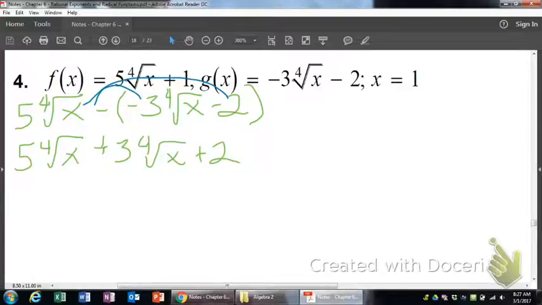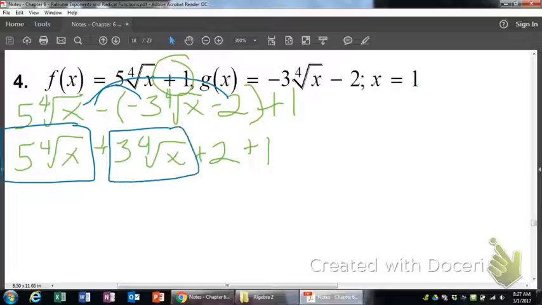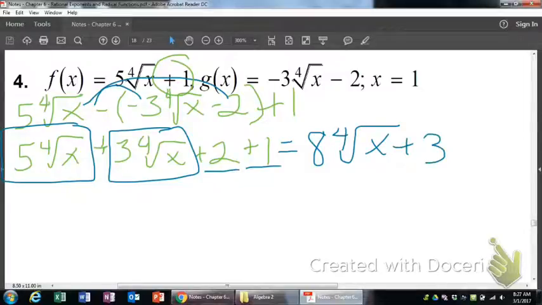Once again, there's a plus 1 back here on the f of x that I forgot. I apologize. It was in both of those places. But let's go ahead and combine our like terms. 5 fourth root of x plus 3 fourth root of x gives you 8 fourth root of x. And then I have plus 2 plus 1 gives me plus 3.